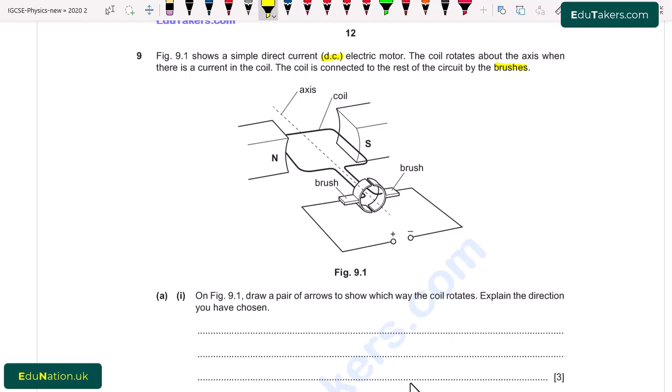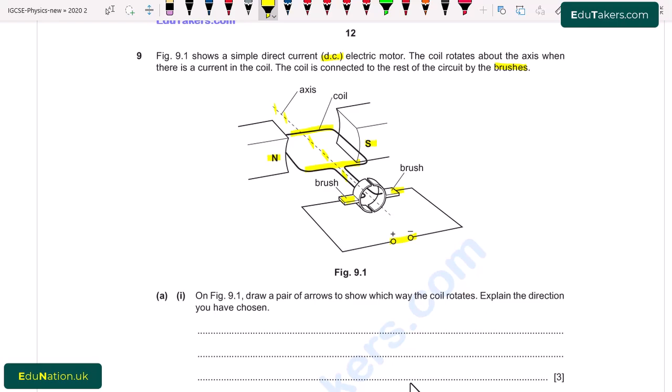So in the figure, you can see that it's a coil, and the south pole and north pole, actually it's a magnet, and it's the axis about which the coil rotates. And these are carbon brushes on both sides, and it is the power supply where we have to supply power to the circuit.